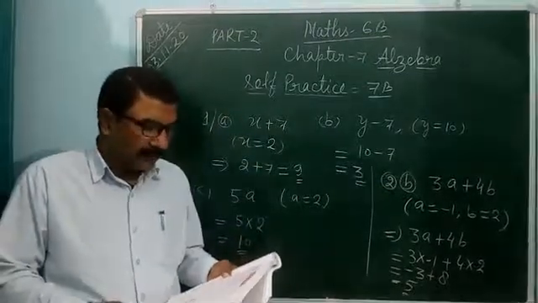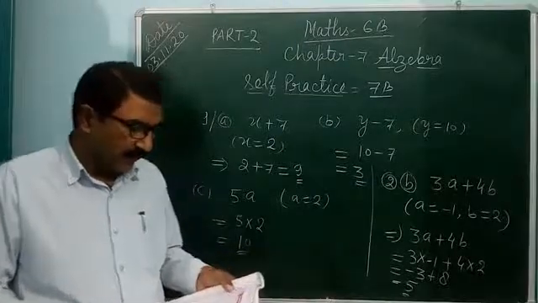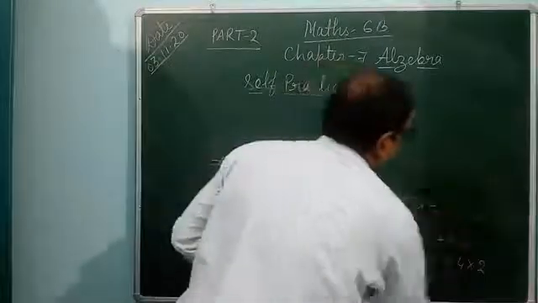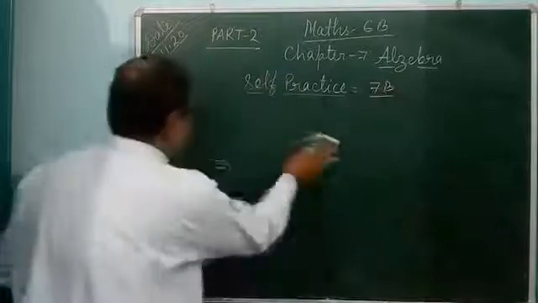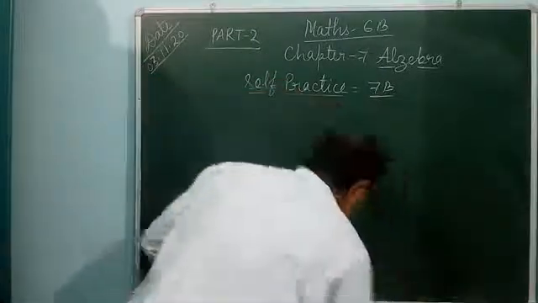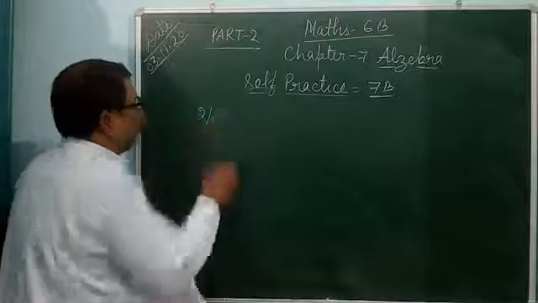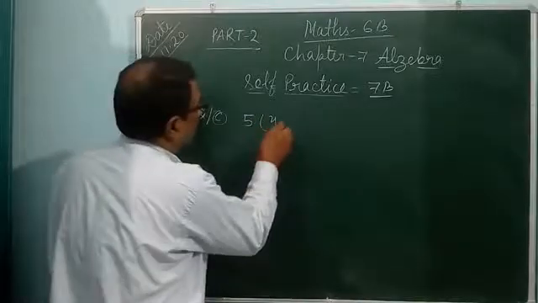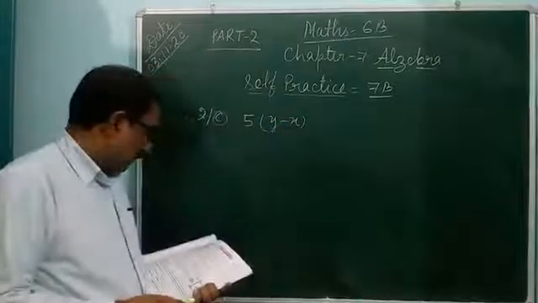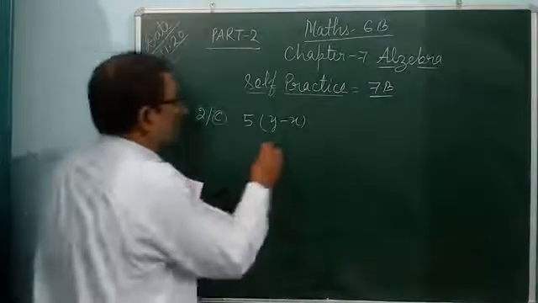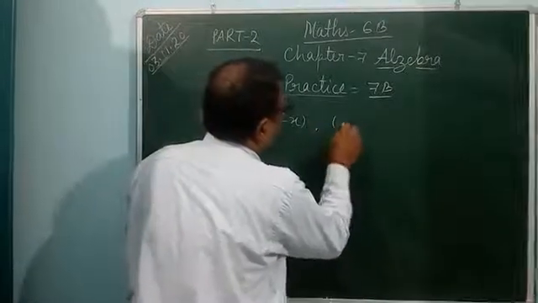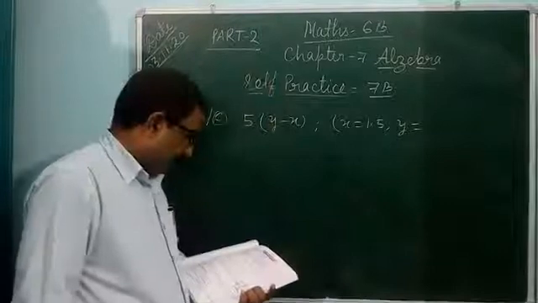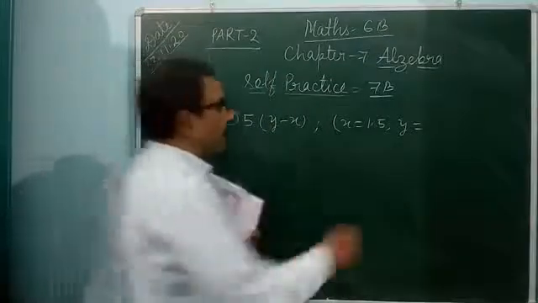And 2C also you do like that. But 2C is also a very good question. 2C, you see, 5 into y minus x, where x is equal to 1.5 and y is equal to 3.5.